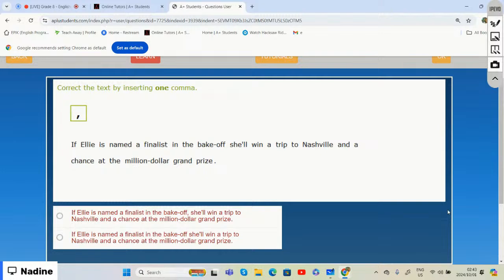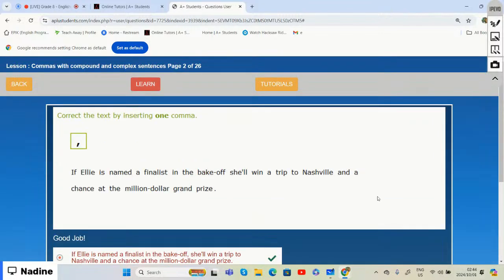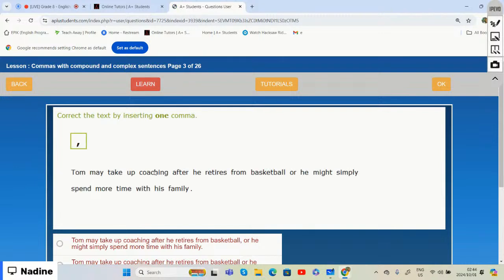If we were to choose the correct option, we will choose option 1. This is a complex sentence. It starts with a subordinating conjunction, which is if, so it starts with the dependent clause, followed by a comma, and then our independent clause. All right, so the first one is correct.